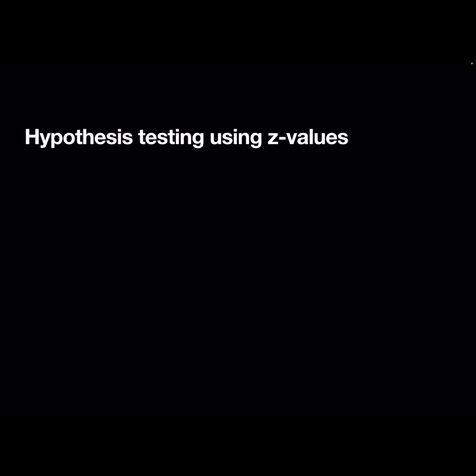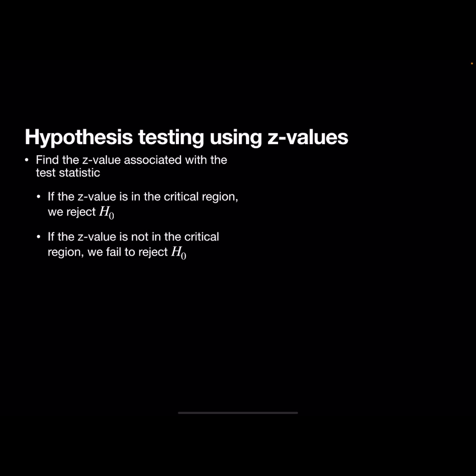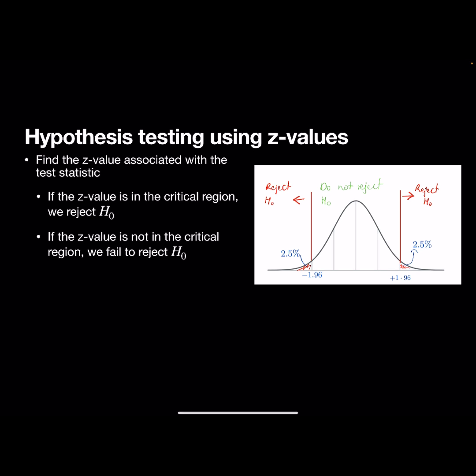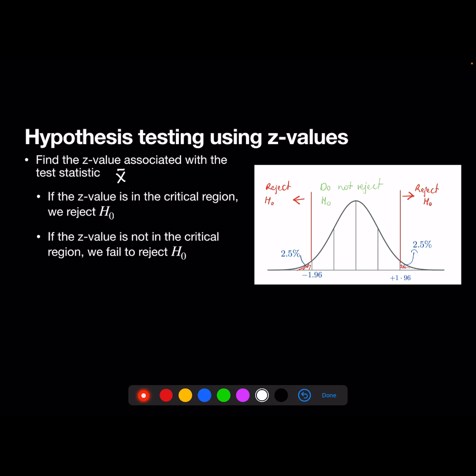we're going to find the z-value associated with some test statistic. If the z-value is in a critical region, then we reject the null hypothesis. So what does that mean? Well, first of all, we're going to get some parameter based on a test, whatever that test is. Let's say that parameter is a sample mean, x bar.